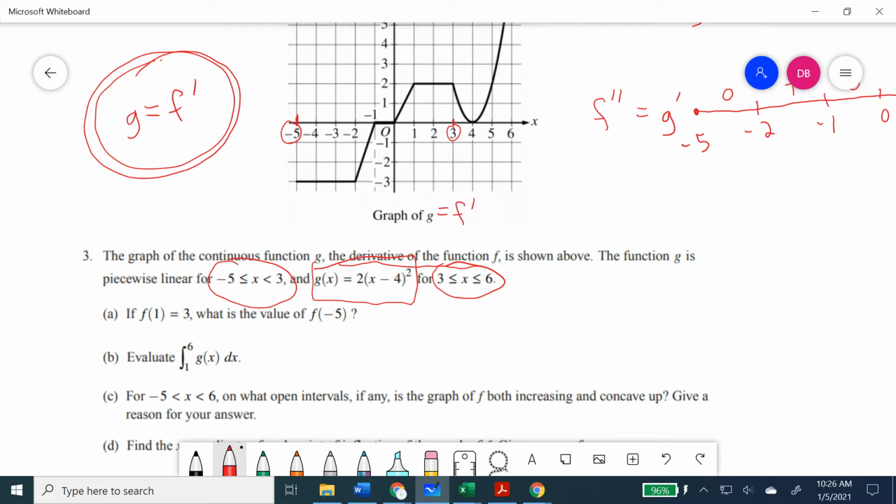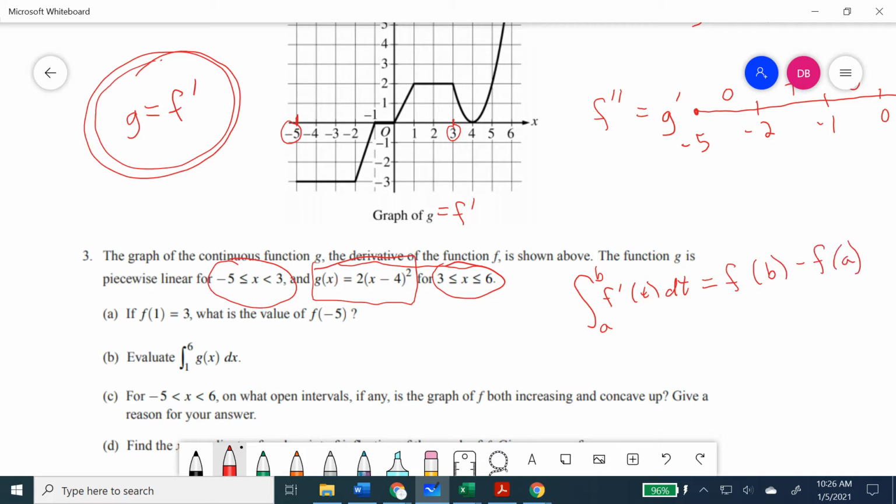Now, if I integrate f prime from a time a to a time b, the fundamental theorem of calculus says that the integral of this f prime is f. I plug in b minus I plug in a.